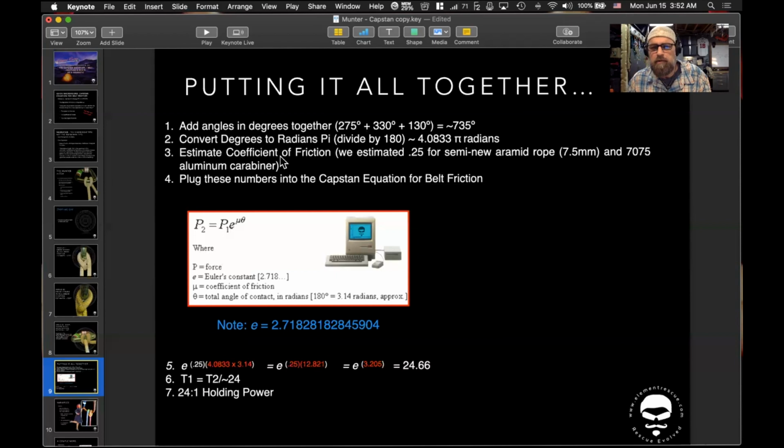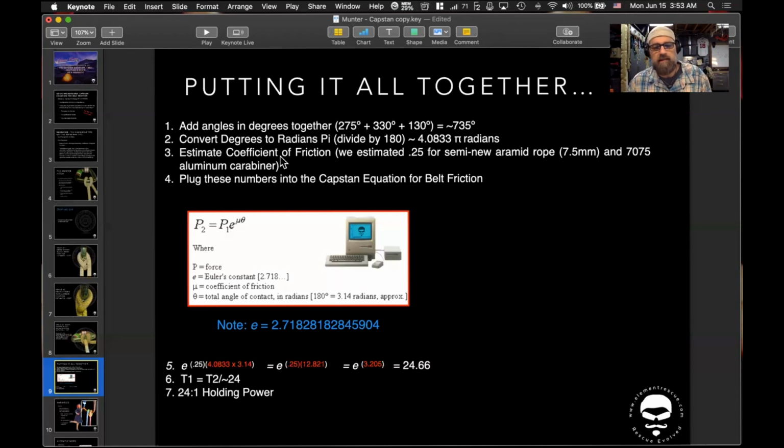But also remember, depending on the material your rope is made out of, that coefficient of friction can get higher or lower if it's wet, or the rope is worn more, or you're in super hot conditions, or there's a lot of grit in it. Those things all change your coefficient of friction.